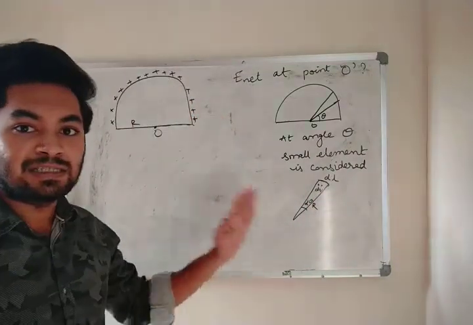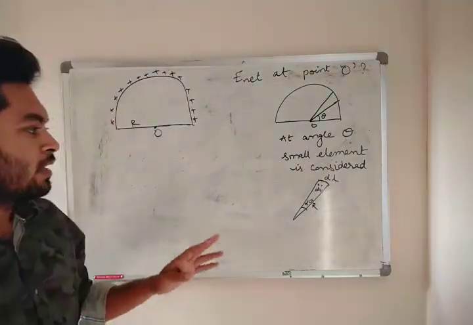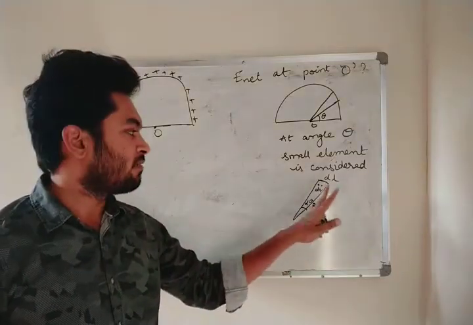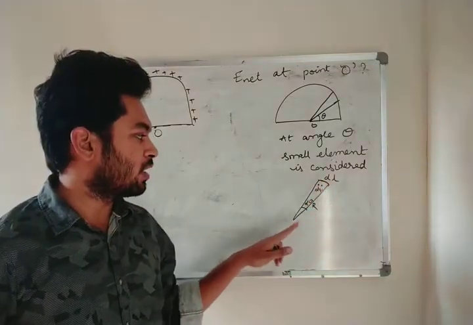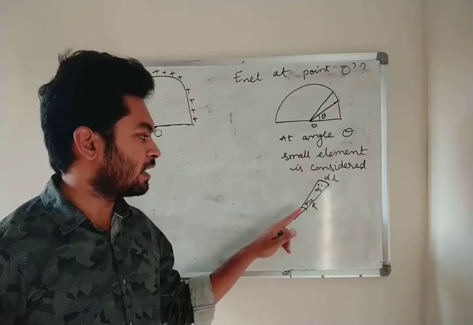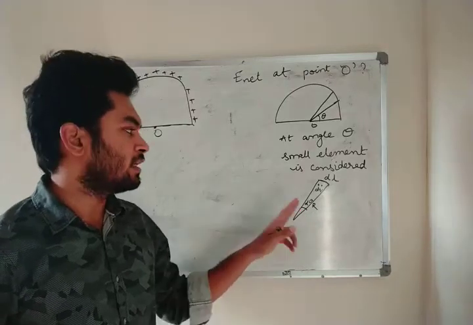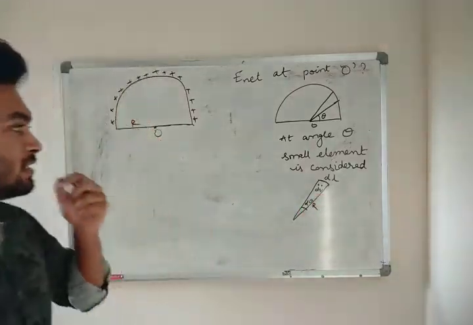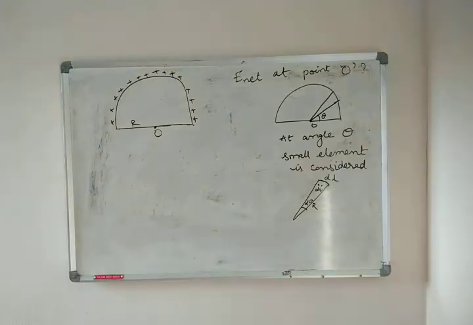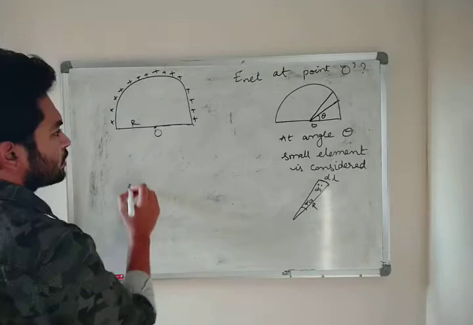Clear? Small length dl, which is this part, the radius, the small angle d theta, and the small charge dq.